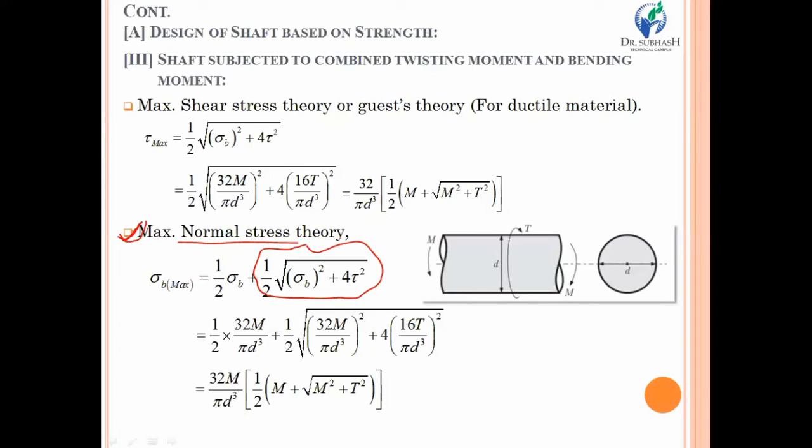And by solving it, you will have 32 upon pi d cube bracket 1/2 M plus under root M square plus T square. Basically, sigma b is equal to 32 M upon pi d cube, and that is taken from the bending equation. So this is very simple to understand, the design based on combined effect of twisting moment and bending moment.